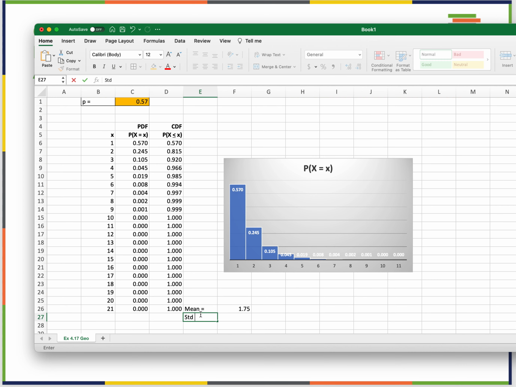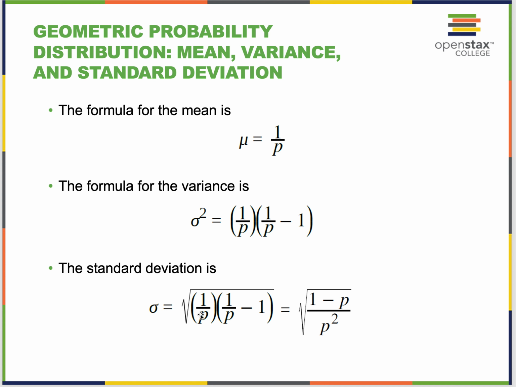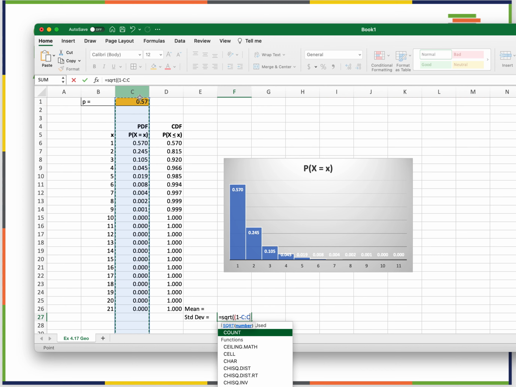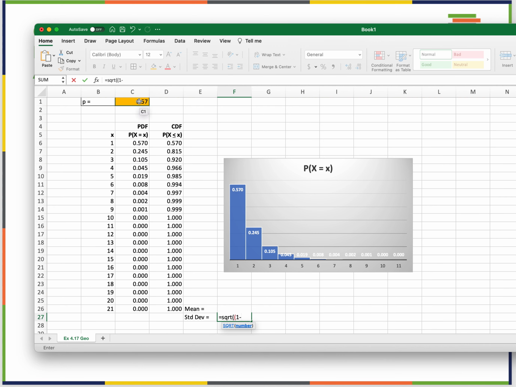Standard deviation. We don't really need the variance. I can figure out the variance another way. It's equal to SQRT. And what did they say it was? 1 minus P over P squared. So what do I get? Square root of, I put another parentheses, 1 minus P divided by, and then it's going to be P squared.